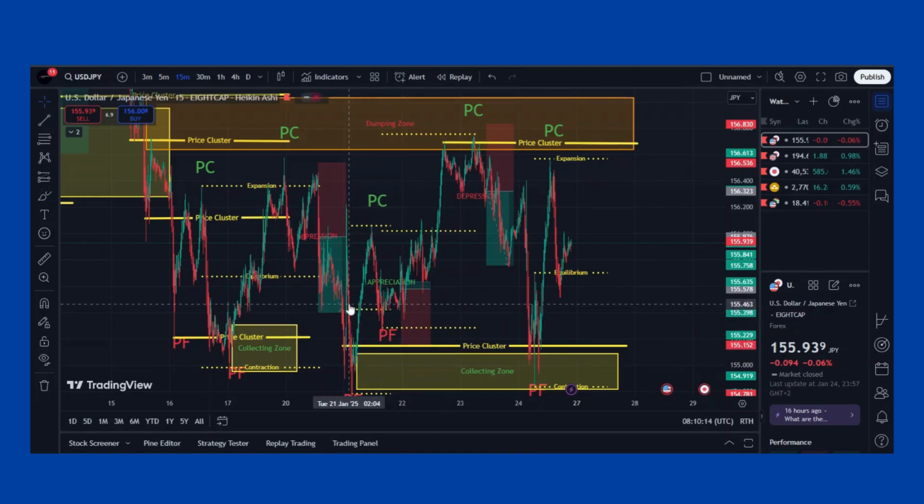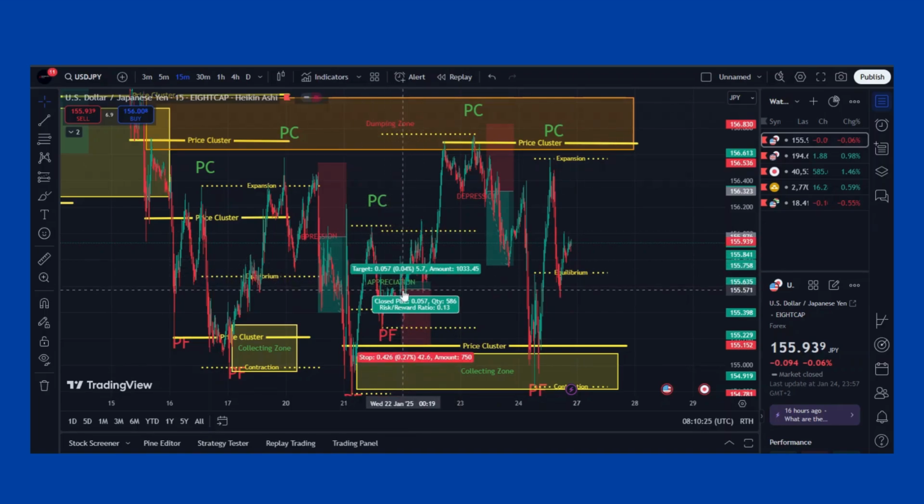So I was waiting for the price to at least show me or form an appropriate appreciation level and enter from there. As you can see, it formed an appreciation level on Wednesday, and the price went up 1:1.